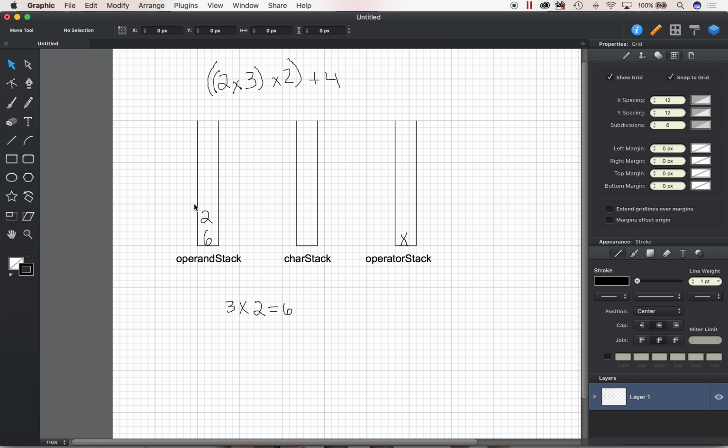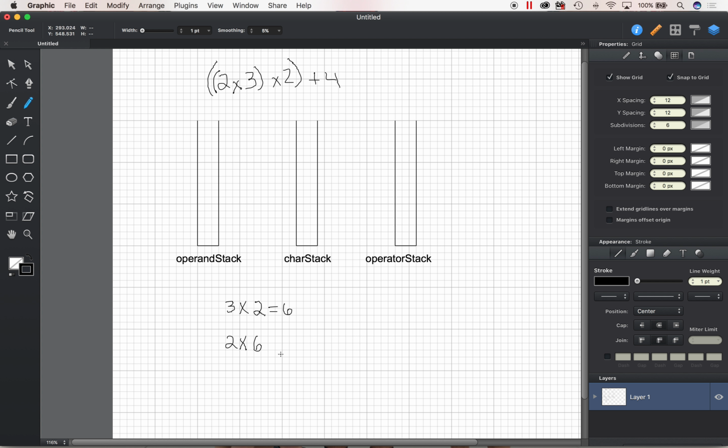So I pop this guy. Then I have to pop the multiplication symbol from the operator stack. And then I also have to pop this operand, put it over here.